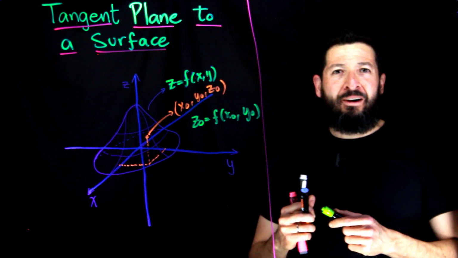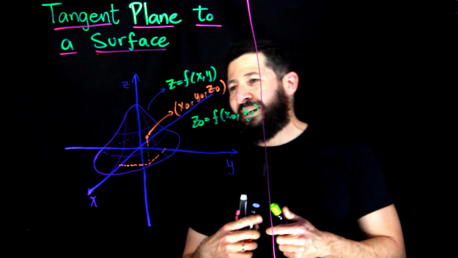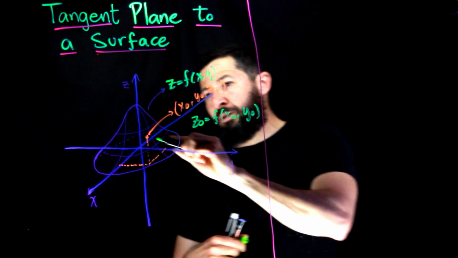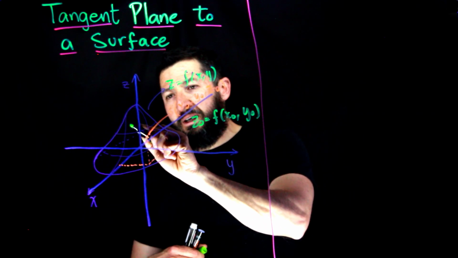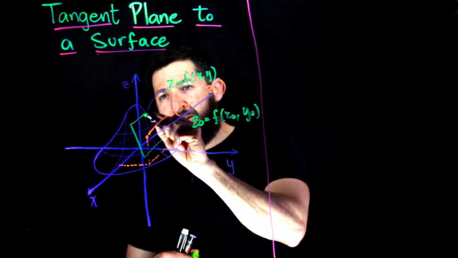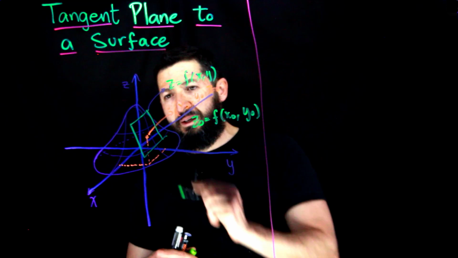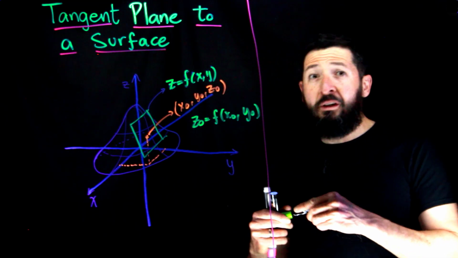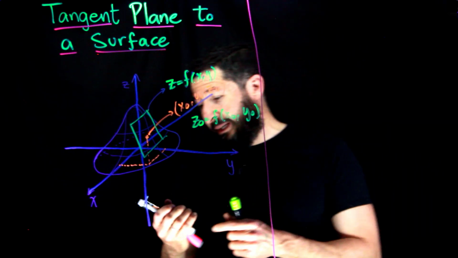Alright, so now what we're interested in finding is a plane that is tangent to this surface at that given point. So what do we know about planes?